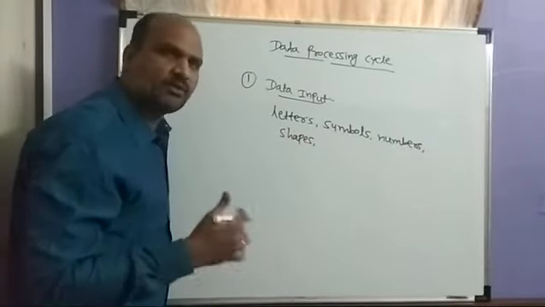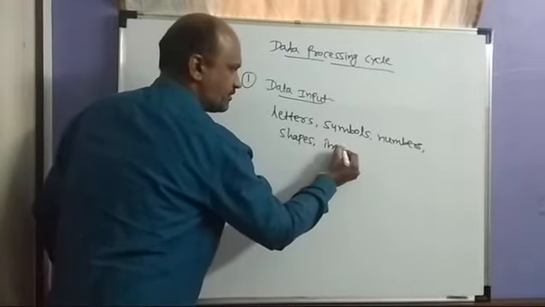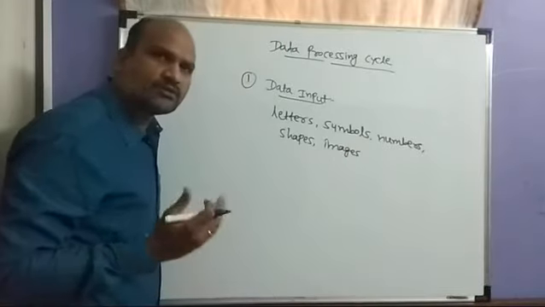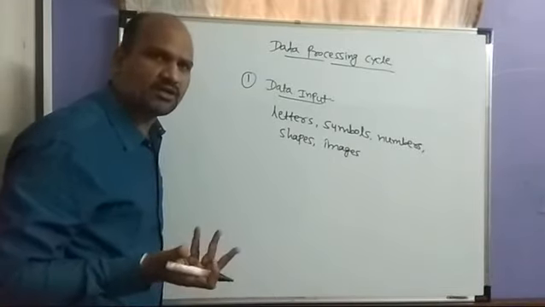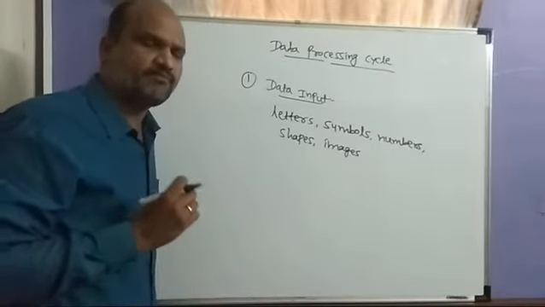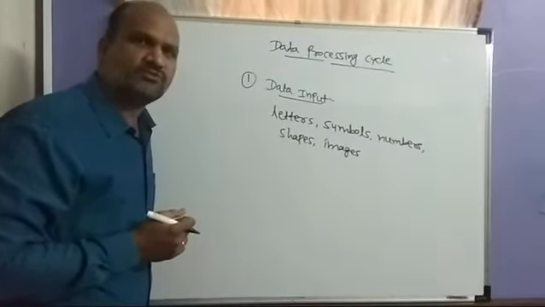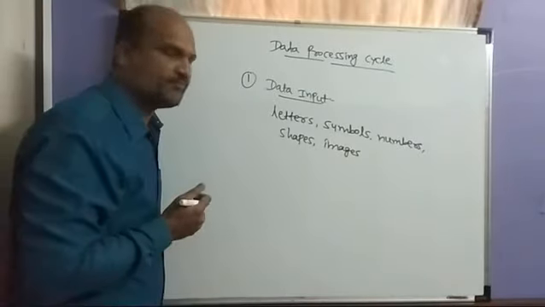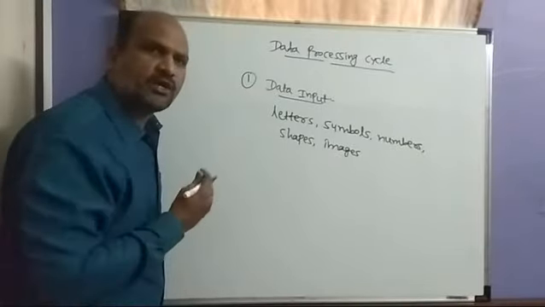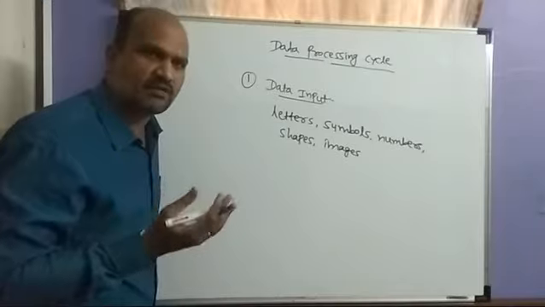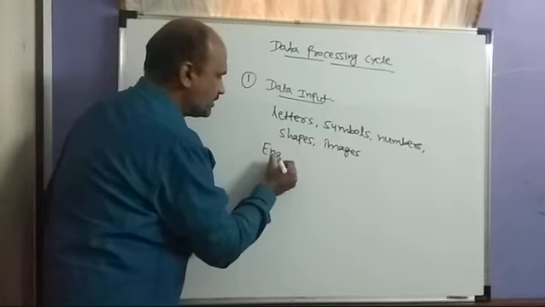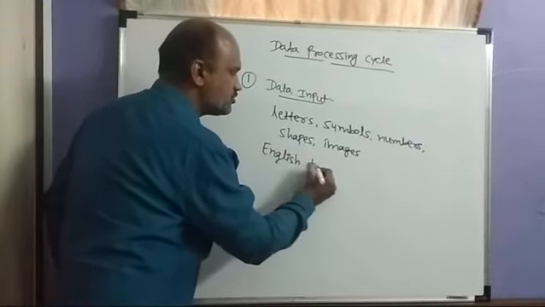Or the input may be any images. It may be raw material which goes into the computer system that needs to be processed. Whatever you are giving from this input should be processed. Whatever input we give is in English language, but it should be converted into machine code, English to machine code.